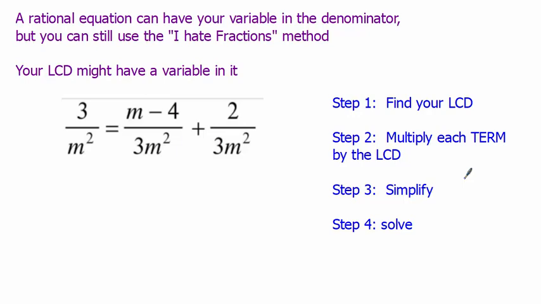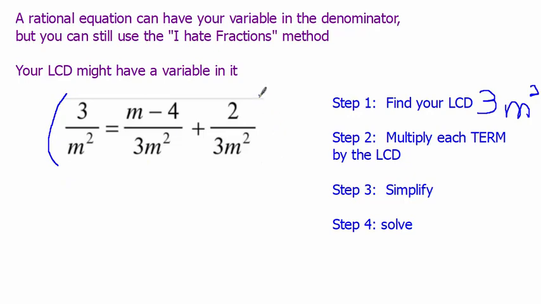It just might have a variable in it. So if I look at these 3 denominators, they all have 3 in them, so I know that 3 is going to be part of it. But then m squared, well, they are all going to include m squared. So my least common denominator is 3m squared.